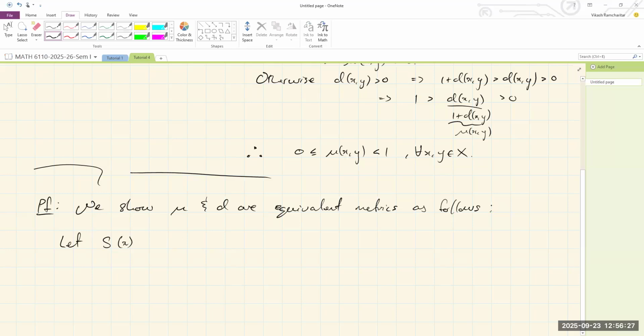Let x be any point in X. I'm going to take the open sphere around x of radius r, where r is some positive number. Now I have to tell you this is an open sphere with respect to the d metric. So the metric, I'll put it as a superscript. Let S^d_r(x) be any open sphere with respect to the d metric.